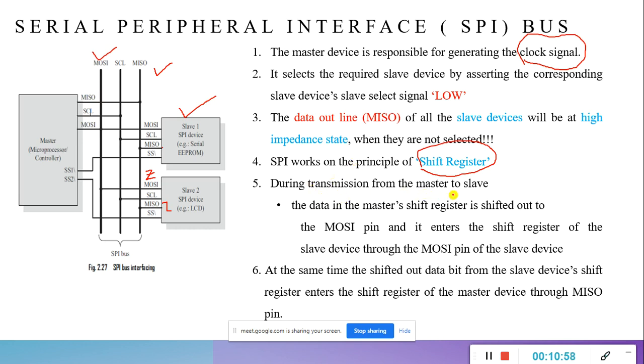So during transmission from master to slave, you can go through the fifth point. The data in the master's shift register is shifted out to the MOSI pin.